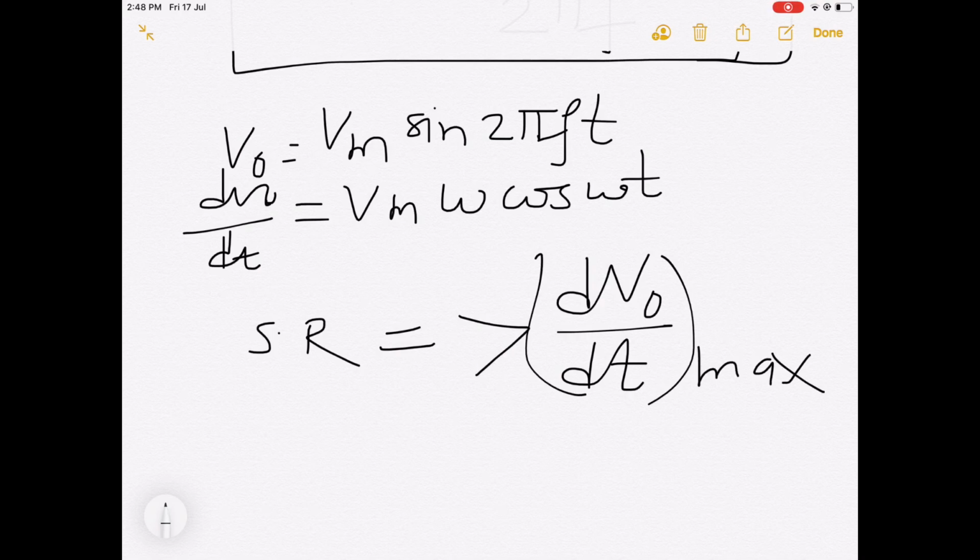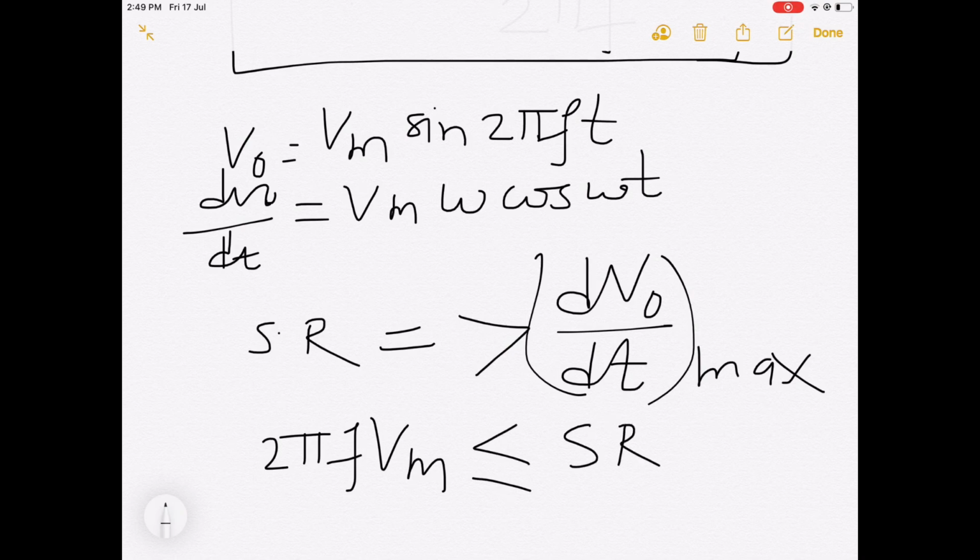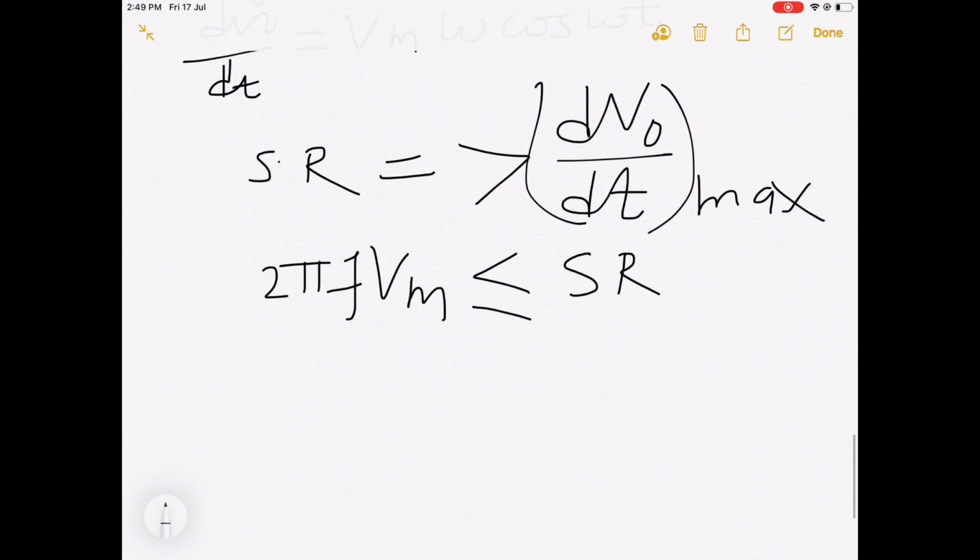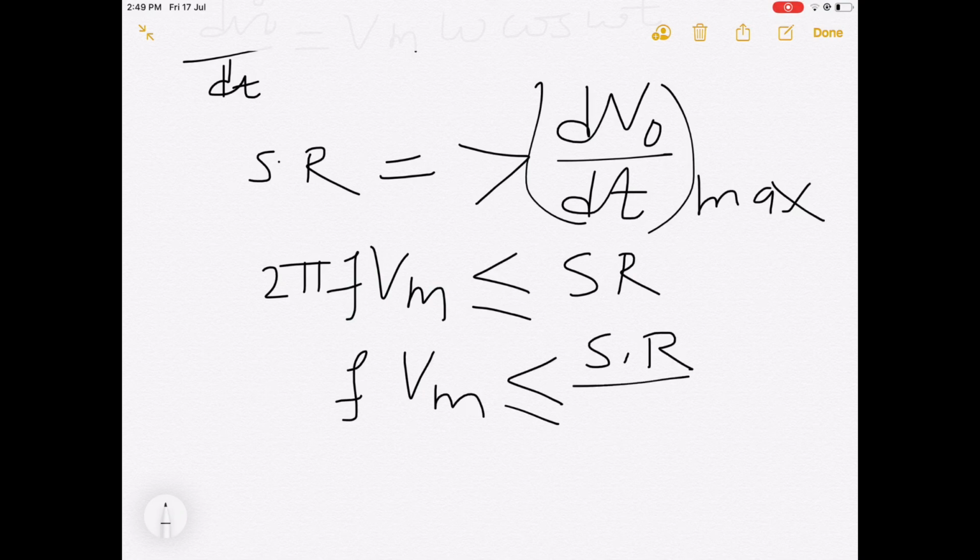So 2 pi f Vm should be less than or equal to slew rate, or you can write it like this: f into Vm less than or equal to slew rate divided by 2 pi.